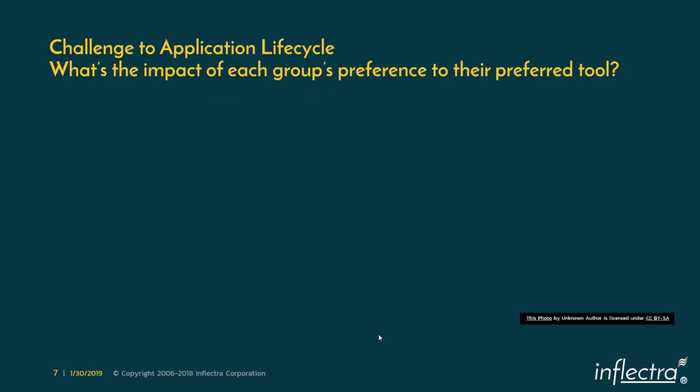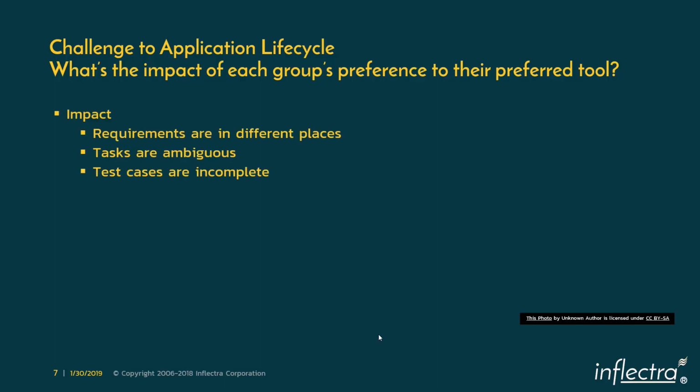Now, combine all these chaotic misinterpretations with each business group's or individual's preference to one specific tool based on their comfort zone or opinions. We have just created a perfect storm. This storm manipulates itself as requirements are in different places, tasks are in one place, test cases are incomplete, and the list goes on.